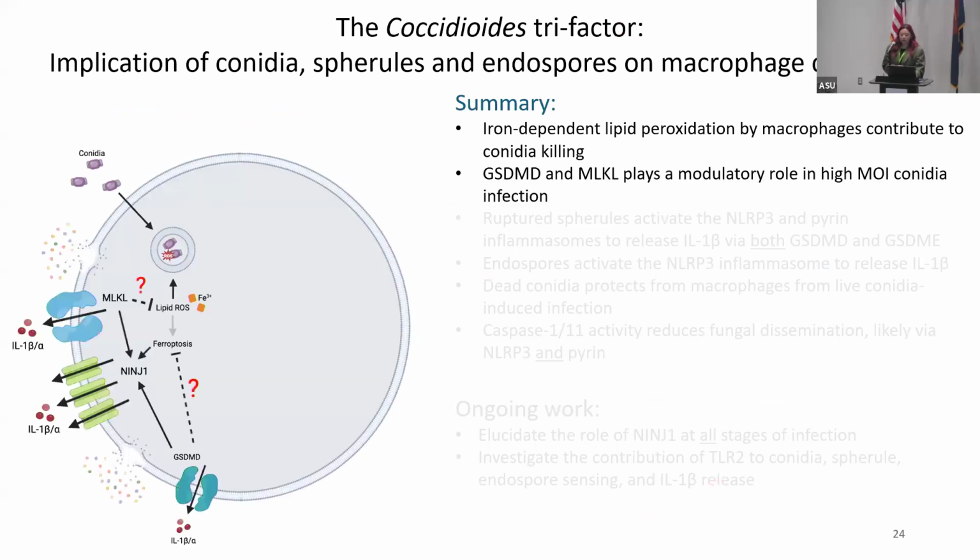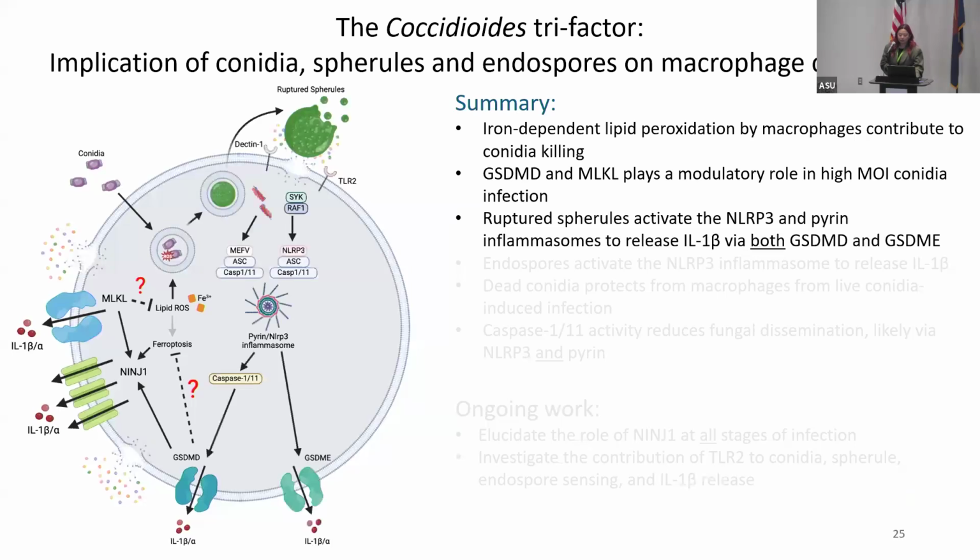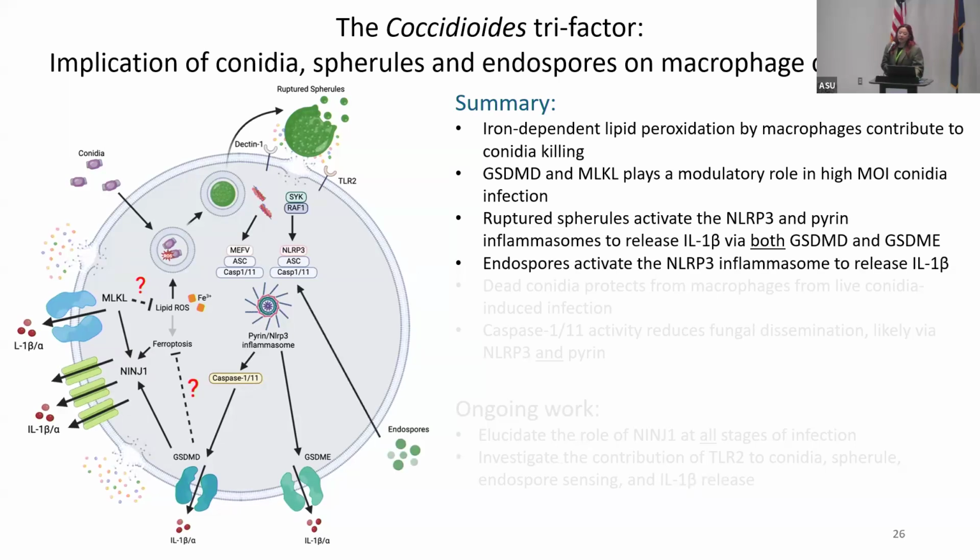We first show that ferroptosis was important in conidia killing, and that might be driven by gasdermin D and MLKL. Ruptured spherules activate NLRP3 and pyrin inflammasomes to release IL-1 beta via both gasdermin D and E. And the endospores released from these ruptured spherules also go on to activate the NLRP3 inflammasome to release more IL-1 beta.